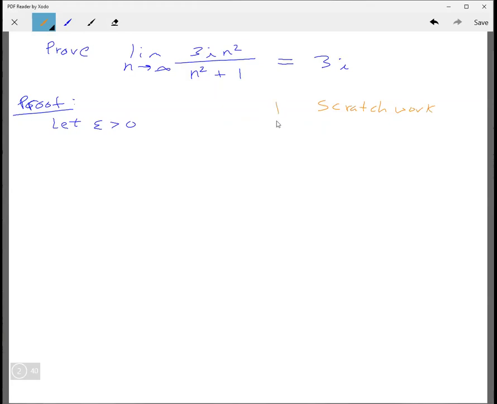Essentially I'm going to do the proof right here, but I have to come up with a value of n, some way of choosing n, maybe greater than something that's going to make everything work out. I want to do a string of things, and in the end I want to get this right here.